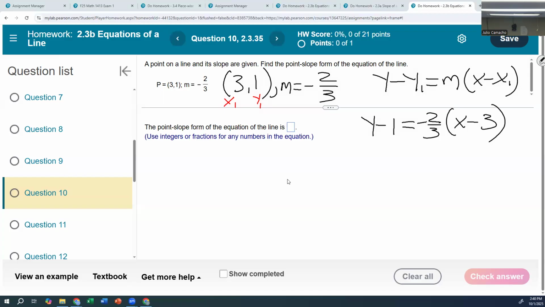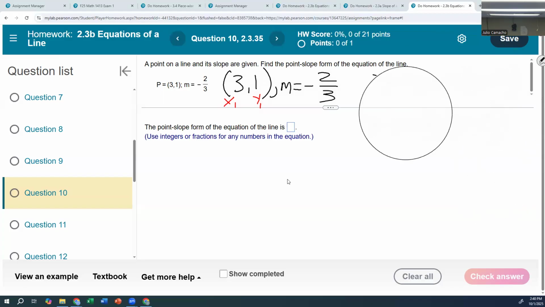That is all that you have to do. You have to write your formula in question number 10. So let me know if you have any questions, just shoot me an email and I will explain how to solve it.